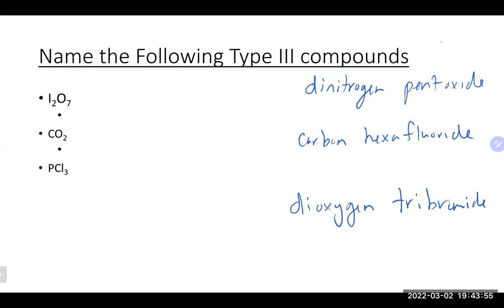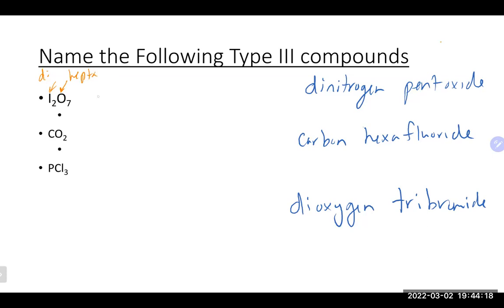These should be the fastest ones that you do, as long as you don't try to do anything weird. So when we look at this, we see iodine, which is a nonmetal. We see oxygen, which is a nonmetal. So that should automatically make you happy, that pretty much you don't have to figure out anything except pick the right prefixes. So obviously 2 is di and 7 is hepta.